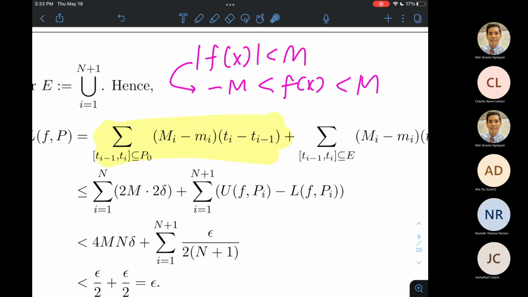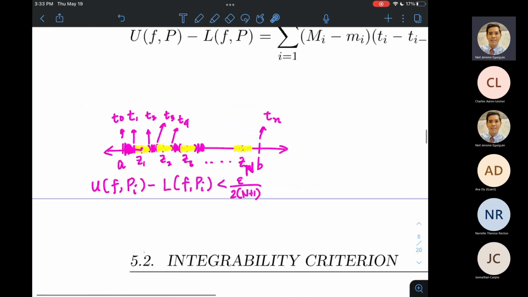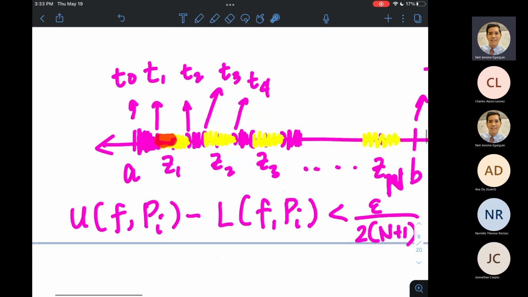Okay? So that's good. Then t sub I minus t sub I minus 1. Ito yung length ng mga intervals, right? Pero sabi natin by design, ang haba ng bawat isang pink interval, bawat isang yellow interval ay 2 delta. Kasi ito ay delta dito, delta dito, delta dito, delta dito.